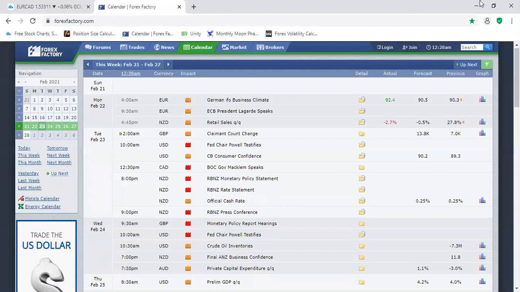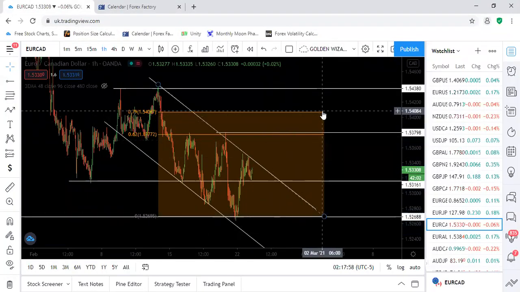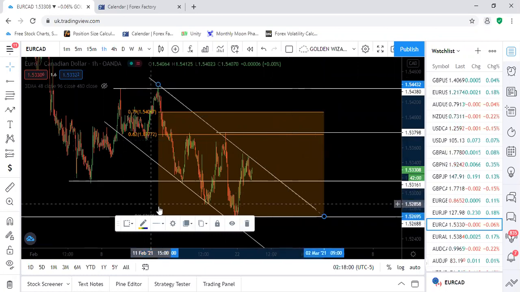So possible New York movement on CAD pairs. Not really going to be favoring any particular setup, at least until I get a closer look at the other CAD pairs.